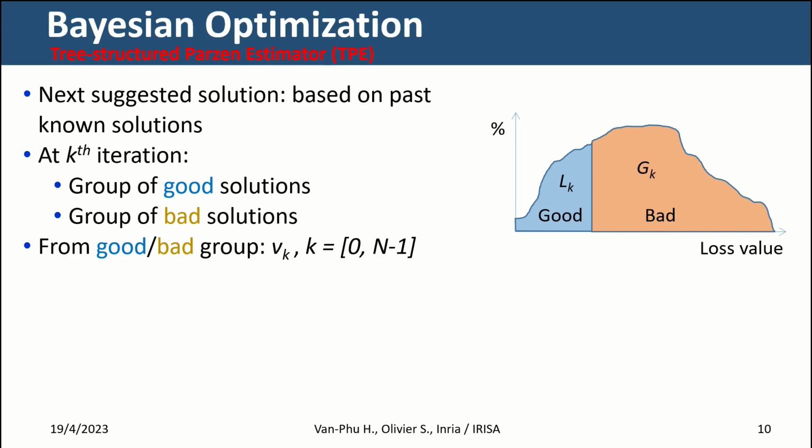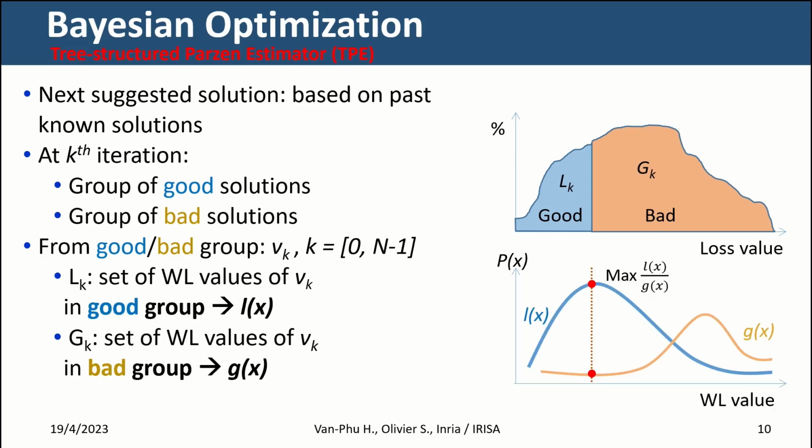We separate the work length values of VK from the sample solutions into LK and GK, where LK is the set of work length values of VK in the good group, and GK is the set of work length values of VK in the bad group. TPE uses the two sample groups to model two likelihood probability density functions, Lx and Gx, in the figure here.